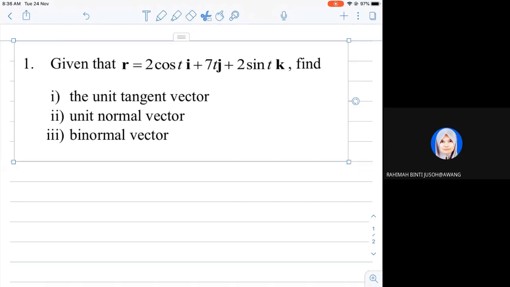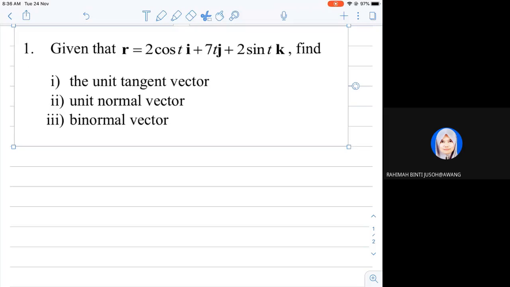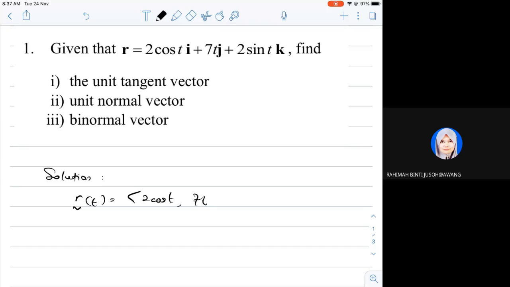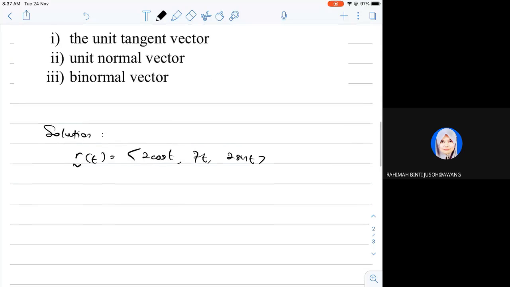Given that r of t equals, in vector form, 2 cos t, 7t, and then 2 sin t. So first, you need to find the unit tangent vector.